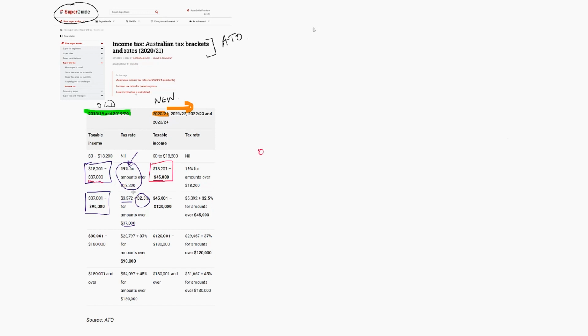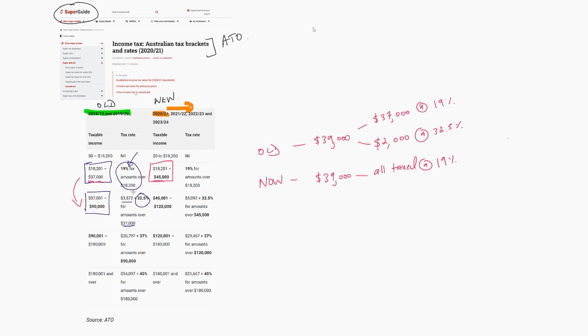So let's say that under the old system, if you earn 39,000, you would pay 37,000 at 19%, and then you would pay the extra $2,000 at 32.5% because it would take you into that next bracket. But now, because the bracket goes up to 45,000, if I earn 39,000, all of it will be taxed at 19%, so I will save some money.